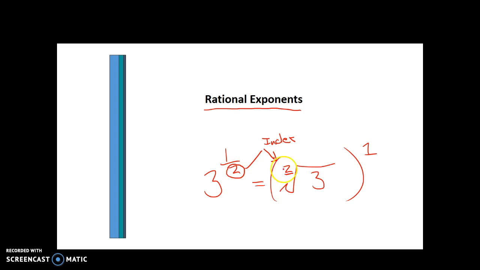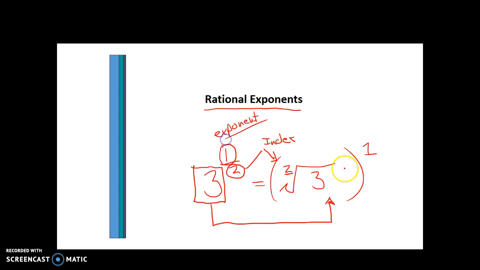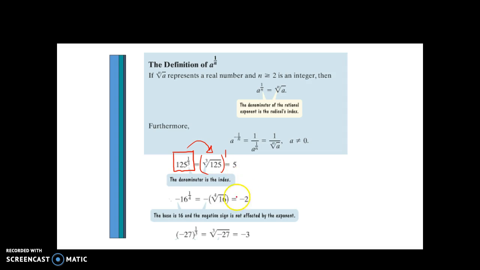Whatever the denominator is, that becomes the index. Whatever the base is, the big number, that becomes the radicand. This is the number underneath the root. And whatever the numerator of that fraction is, that becomes the exponent to which the answer is raised. I spelled exponent wrong, but you guys follow me there.